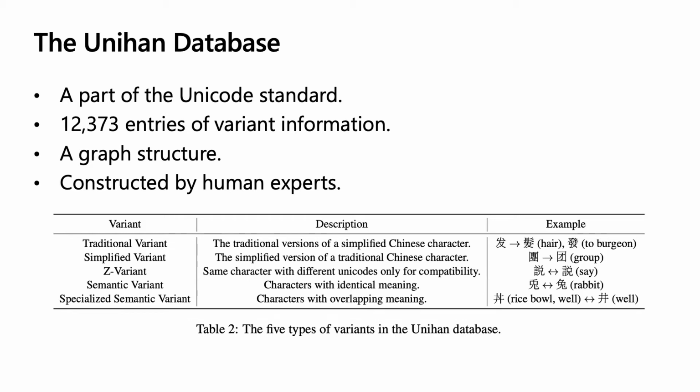This database has more than 12,000 entries of variant information, and it constructs a graph structure. The table shows five different kinds of variants in the Unicode Unihan database, and we only use the first four variants in our paper.